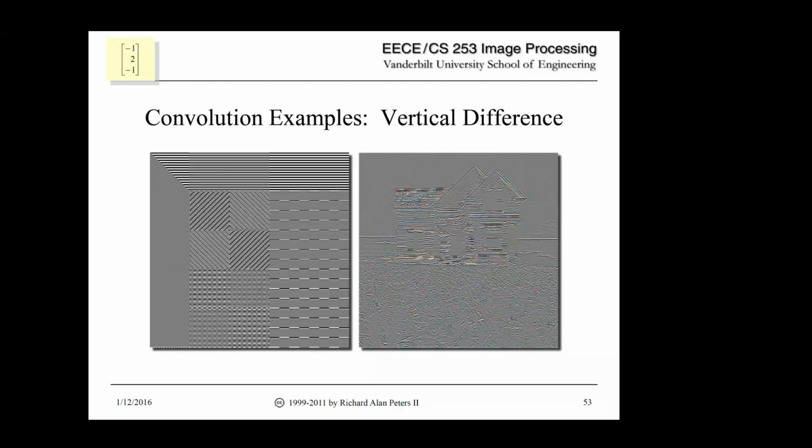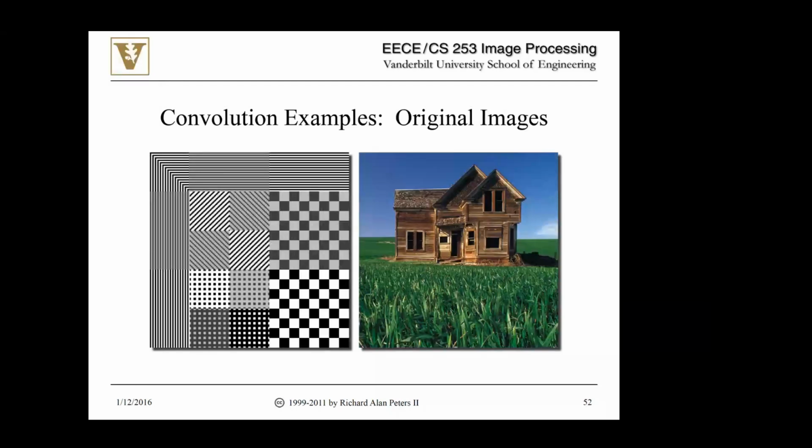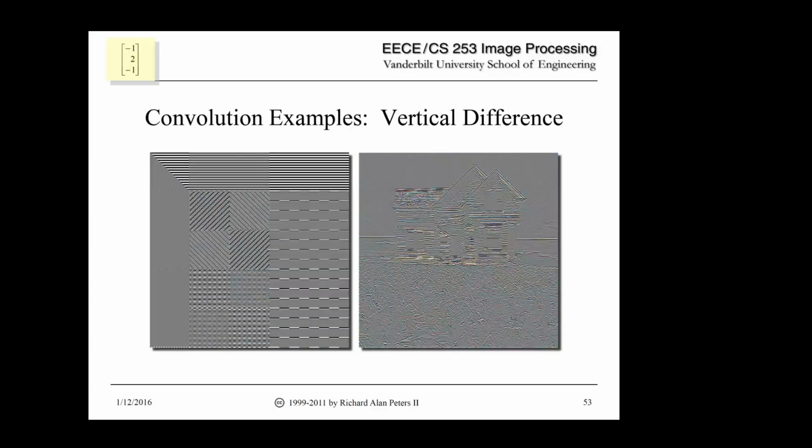So let's look at the image again. These are vertical, not vertical, horizontal lines, and then the vertical derivative is giving you the edges that you find. These are the edges that I find.